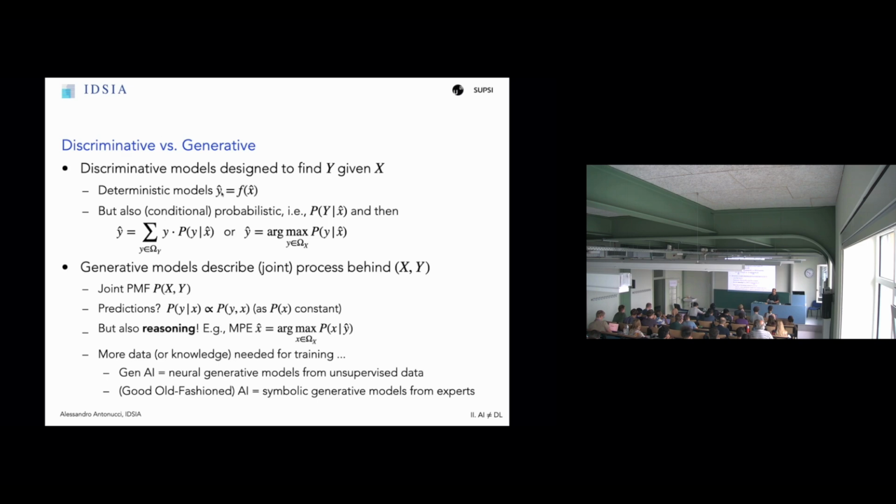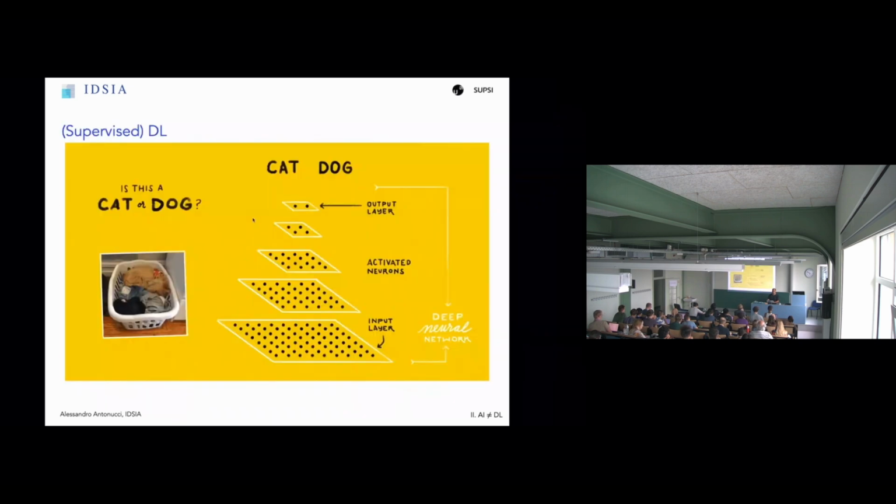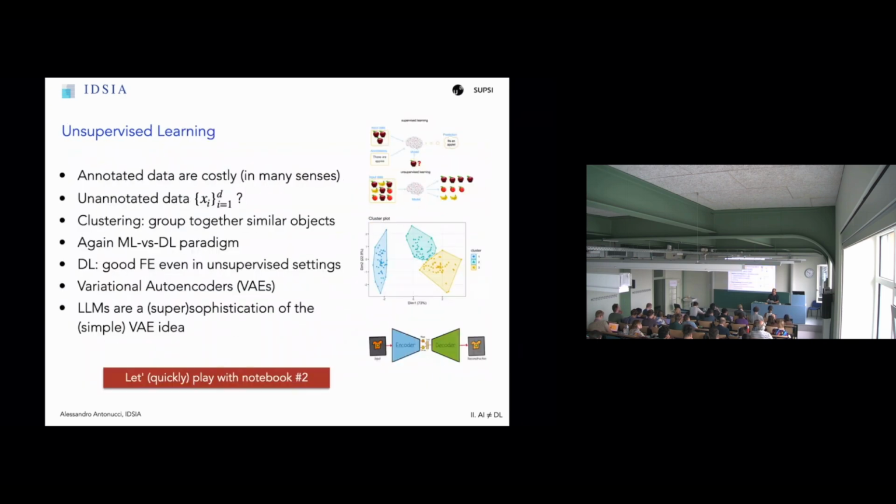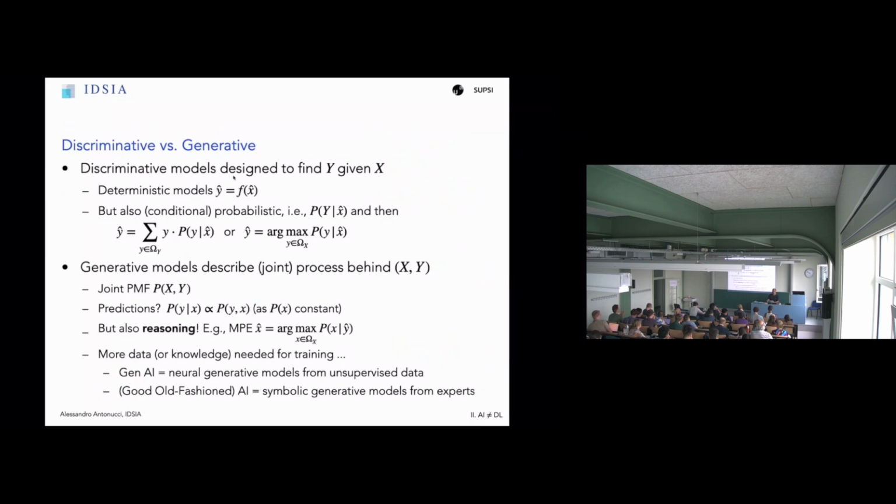Typically, let's go back to the cat and dog. I have an observation, or my image, and I want to predict whether this is a cat or a dog. In a general sense, I want to implement a function which, given the observation x, tells me the prediction y.